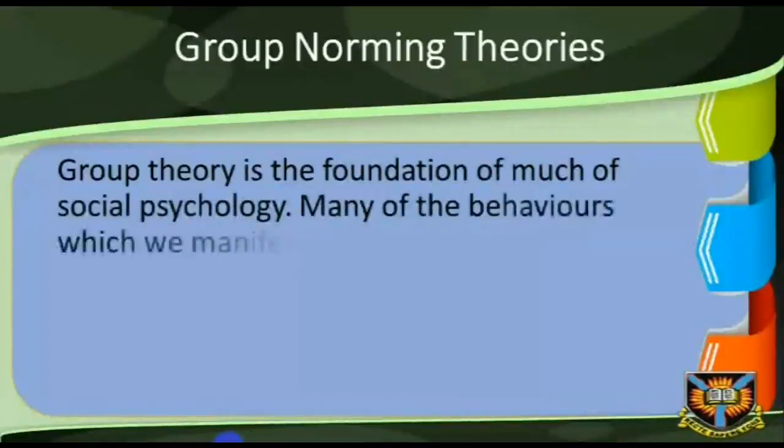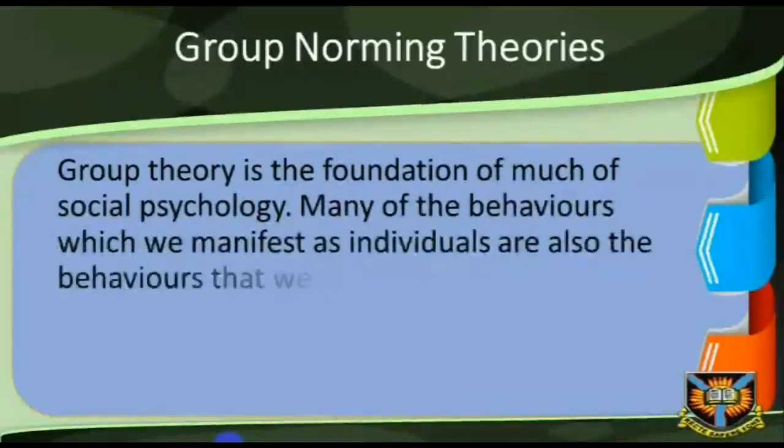Group norming theories. Matza, 1996, carried out a very illustrative study of juvenile delinquents. Miller and Prentice summarized the conclusion.